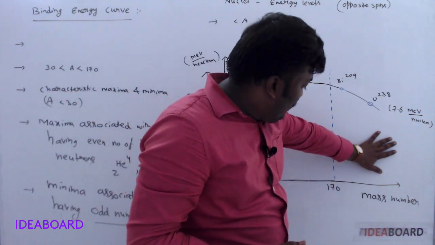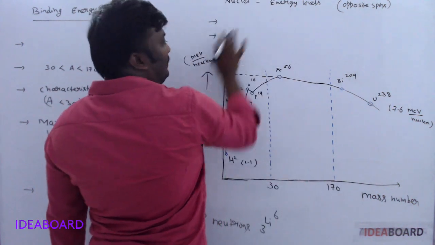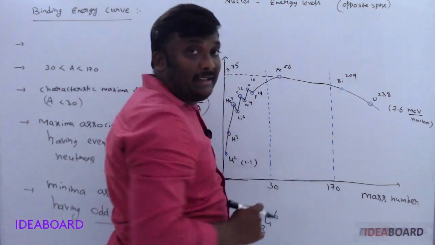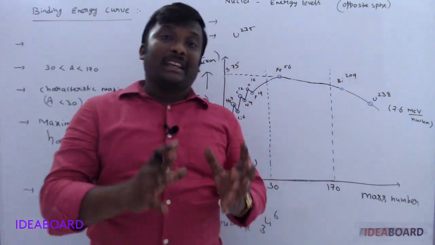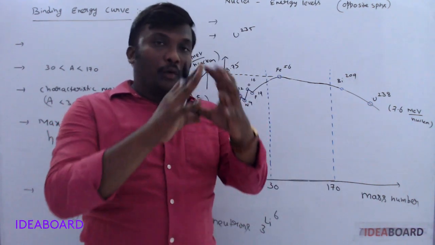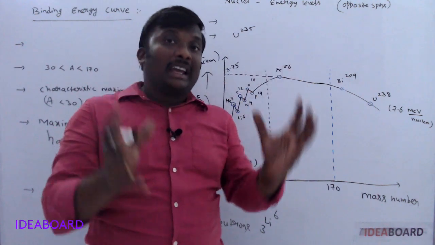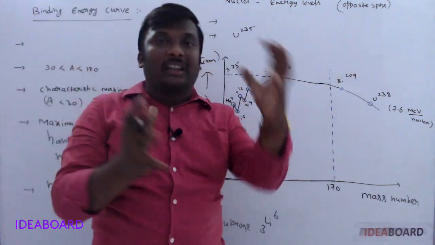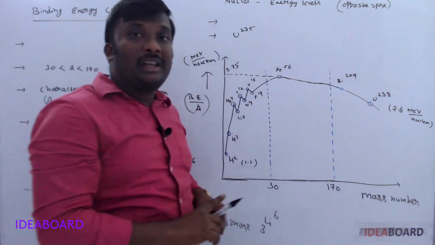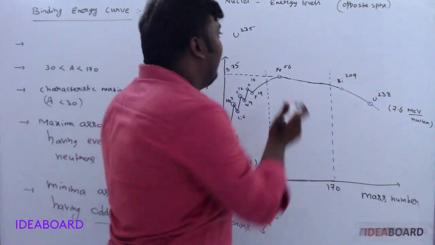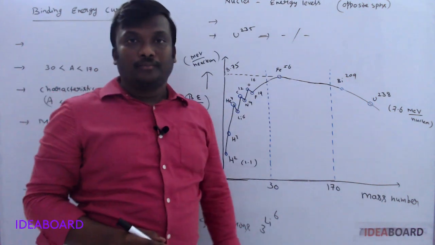And if the mass number is very huge, for example uranium 235, that heavier nucleus is not capable of holding all the nucleons present inside the nucleus. So whenever you give a certain amount of energy to it, by taking that energy, it splits into smaller nuclei.